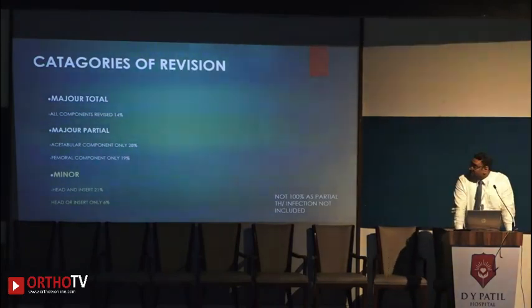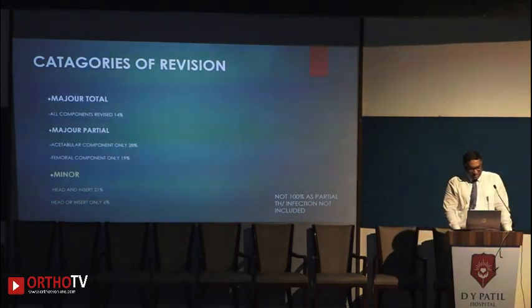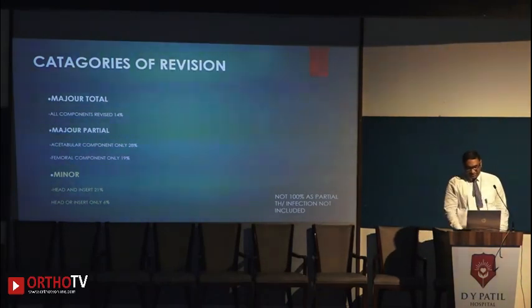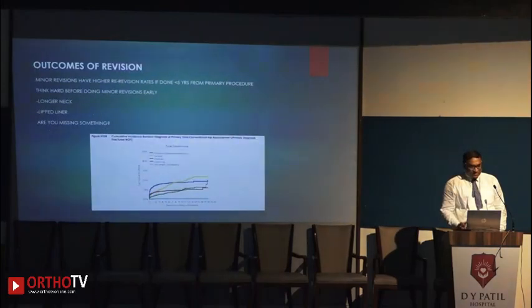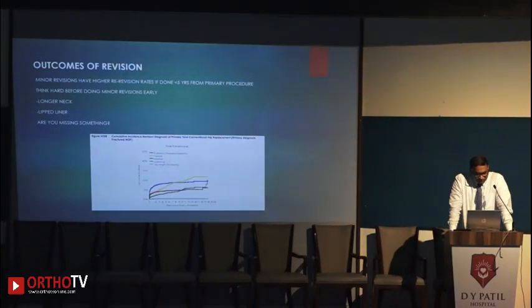Major partial, where only the acetabular component is revised, is around 28%. Femoral component revision is around 9%. Minor, meaning head or insert change only, is around 6%. But this is not 100% as partial THR or infection, wherein 2-stage or 1-stage revision is done, is not included in this. So what are the outcomes of revision?